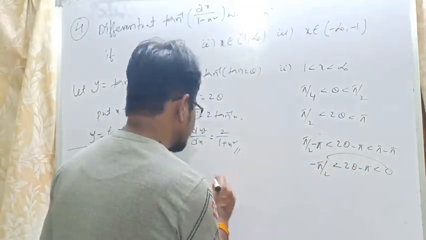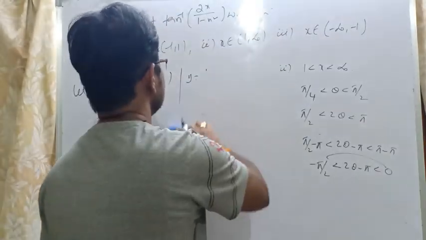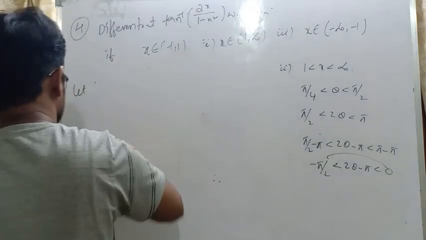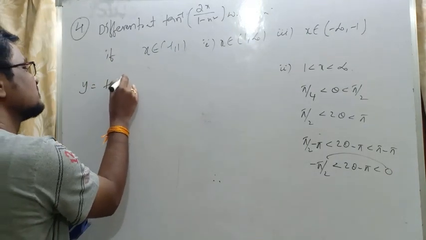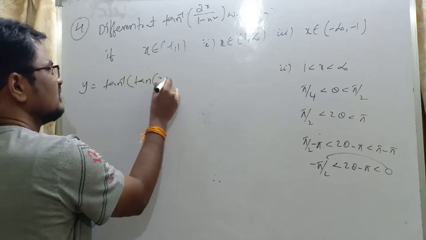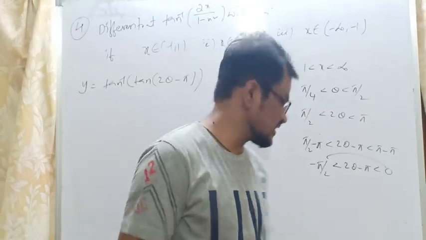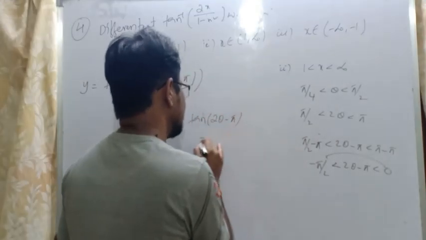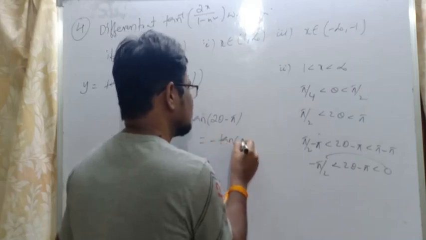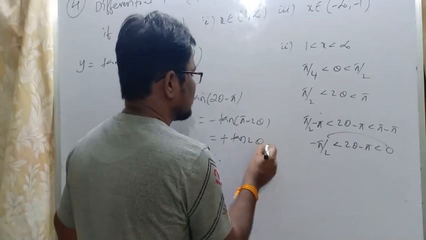So therefore y equal to tan inverse of, for the second problem, 2 theta minus pi. In place of 2 theta minus pi, because listen here, tan of 2 theta minus pi equal to minus tan of pi minus, second quadrant tan is negative, minus or minus plus tan 2 theta.